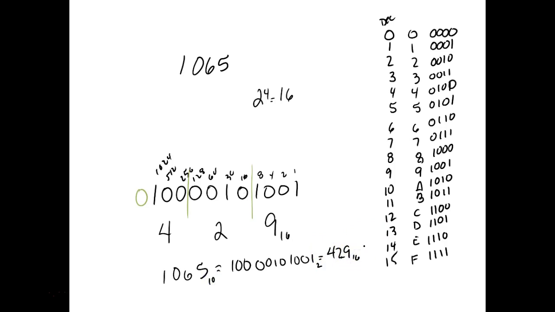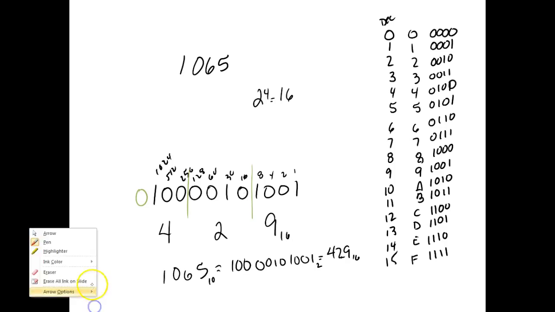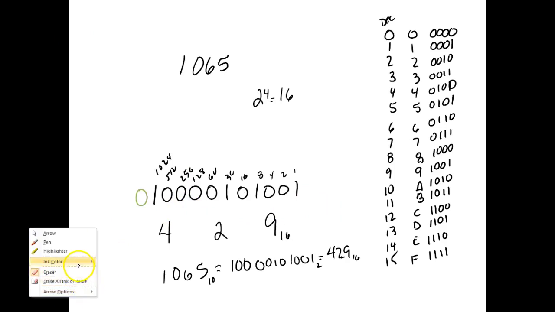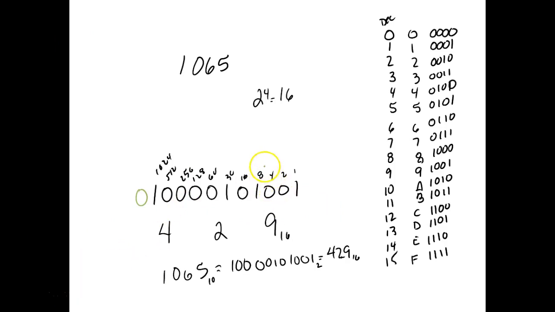Now you can see why base 16 became a lot more popular than base 8. What would it be in base 8? Break it into 3s. Yeah, that's exactly right. So we'd take our number and break it into 3s: 1, 2, 3, 1, 2, 3, 1, 2, 3.